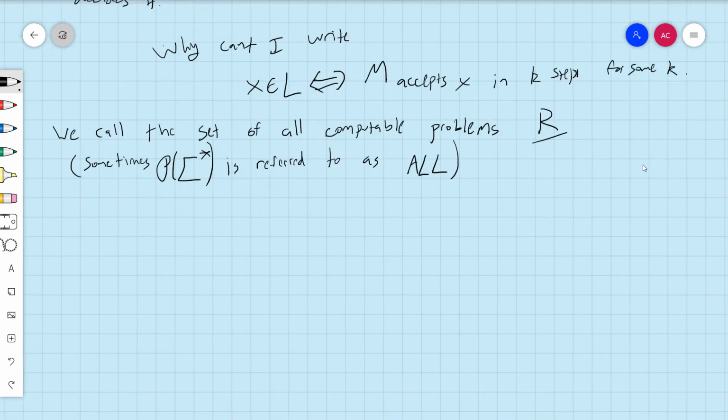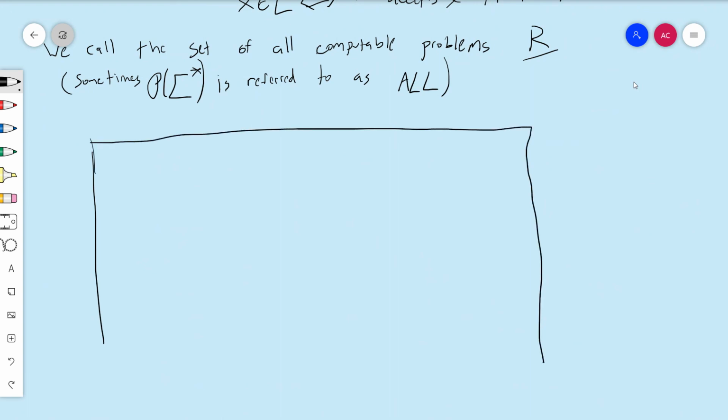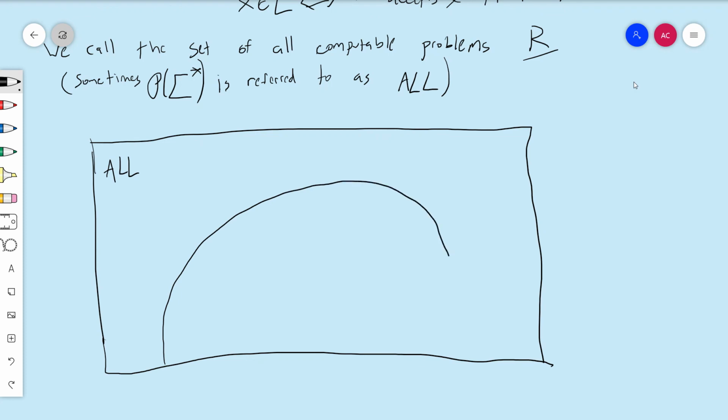But we can finally draw the landscape. What you're going to see is that this class sort of turns into a zoology class, where our job is to categorize things. So we have a fixed alphabet, and then we have two big classes. We have all languages, and then we have the recursive languages, R. And you might be questioning, what is the difference between these two things?